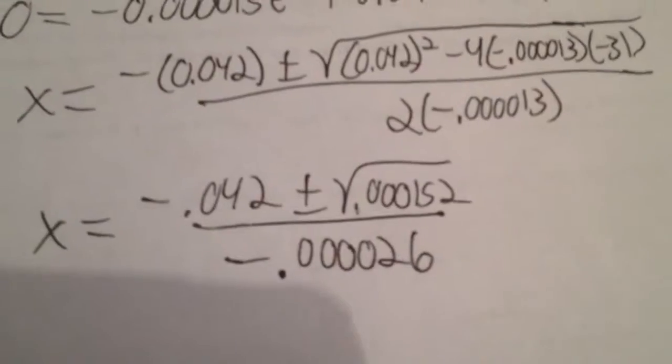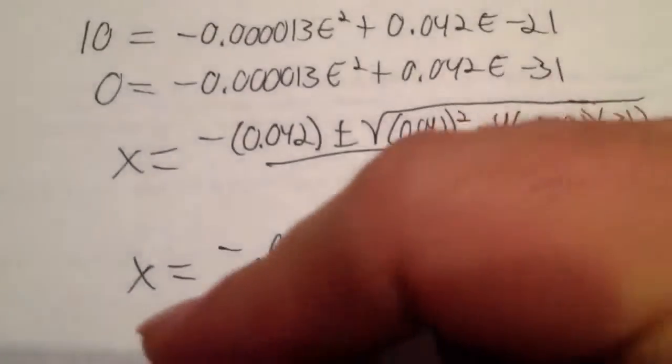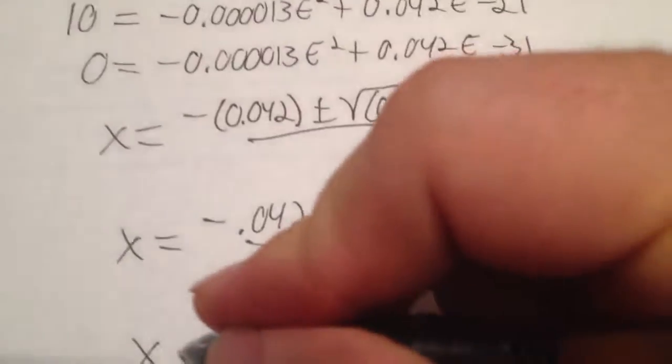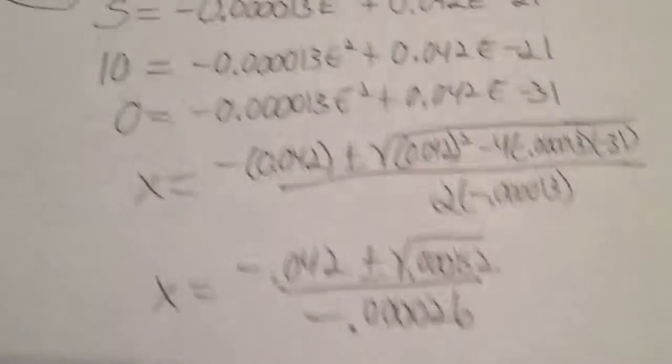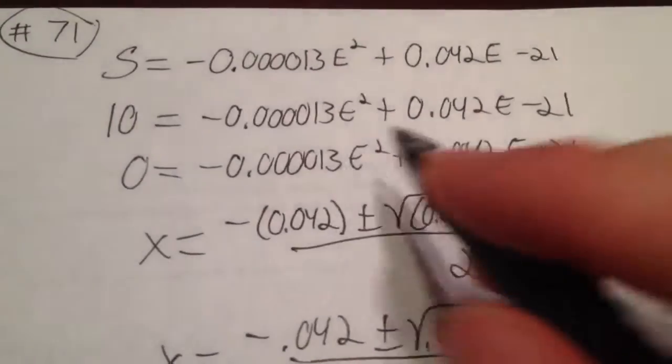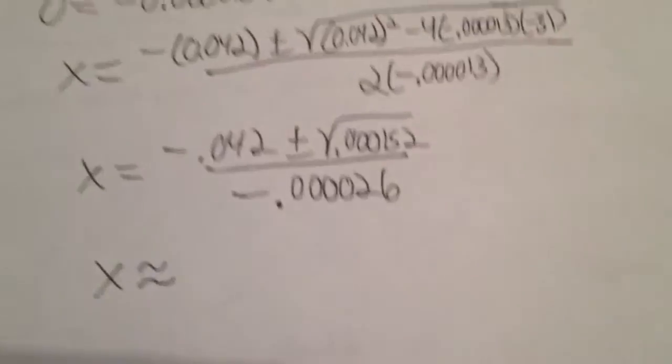You'll get something that's kind of ugly, but then you just take your calculator to find your approximate elevation. So we take that negative 0.042.